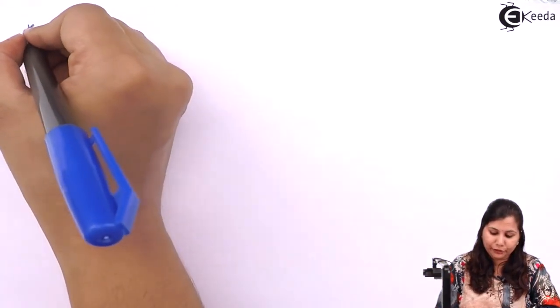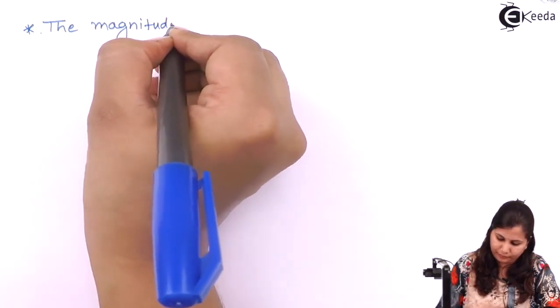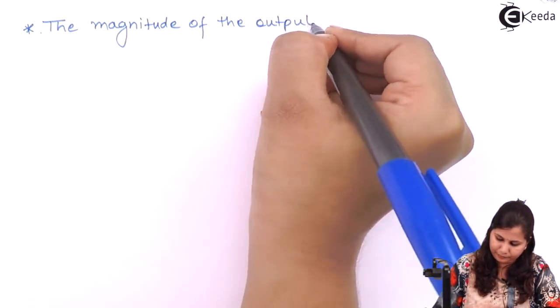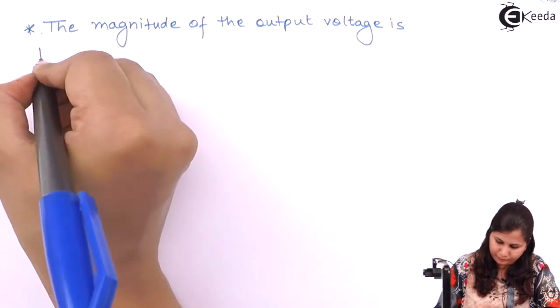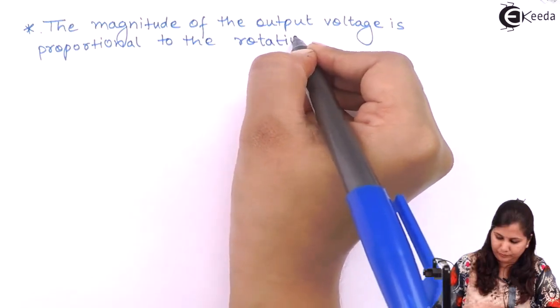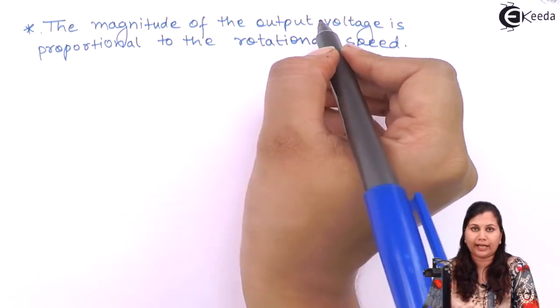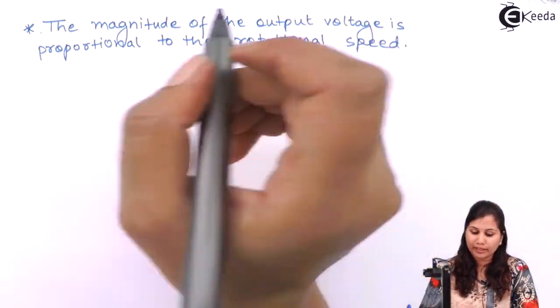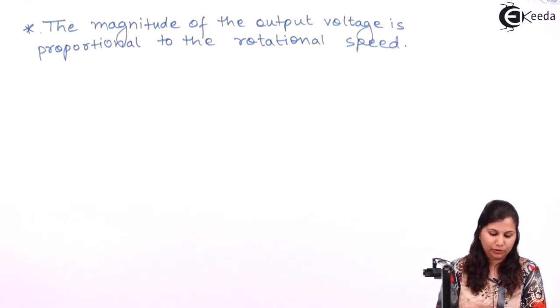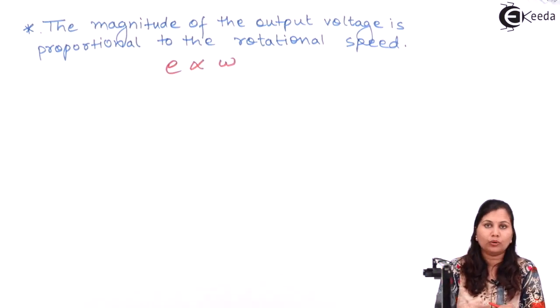Now the magnitude of this output voltage is proportional to the rotational speed. So we can say that E, that is the output voltage, is proportional to omega.